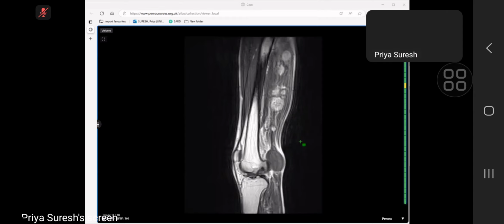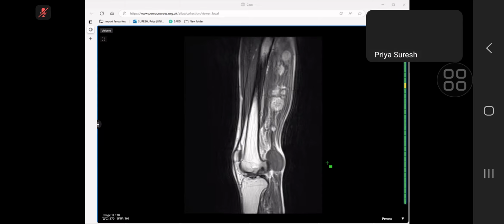But you saw this doesn't show any enhancement. Yes. The other possibility is that it can be a sarcoma, and the others are metastasis. Okay.